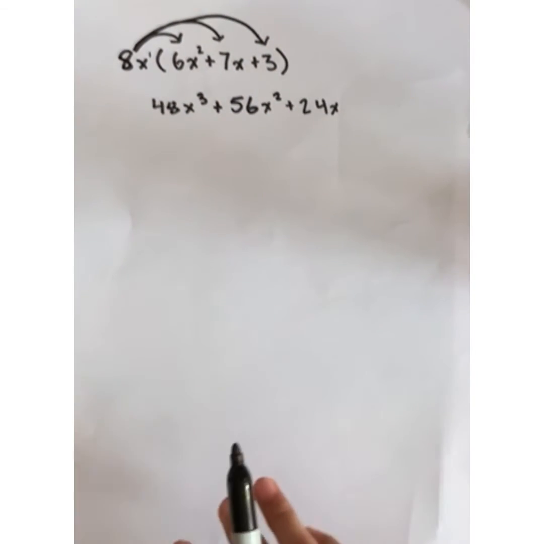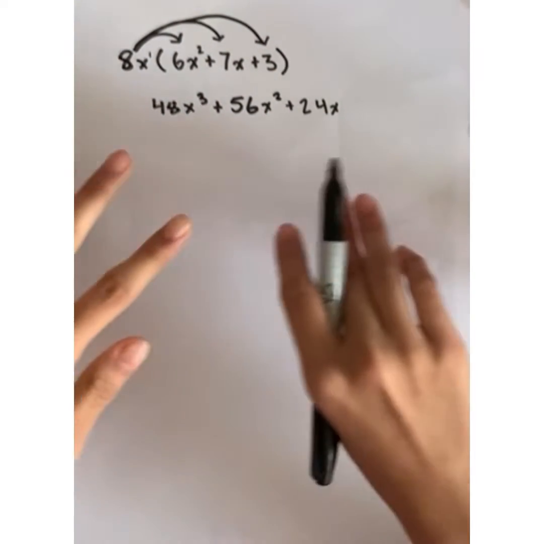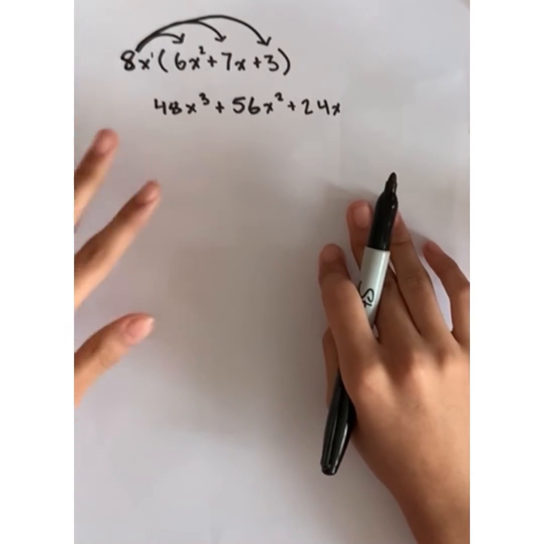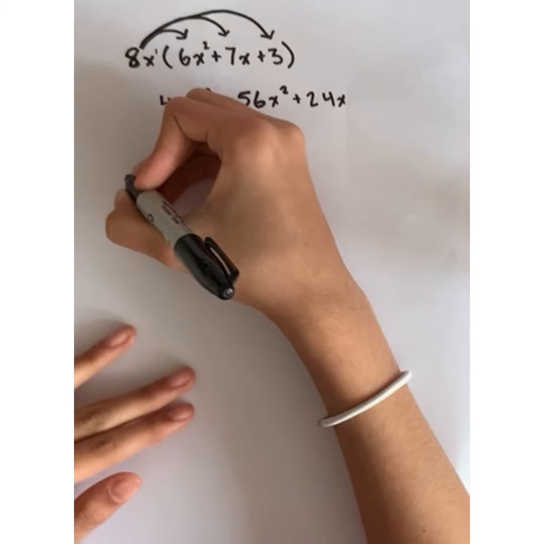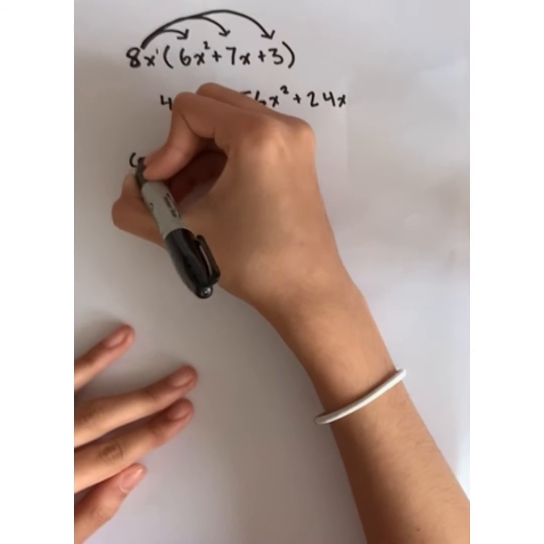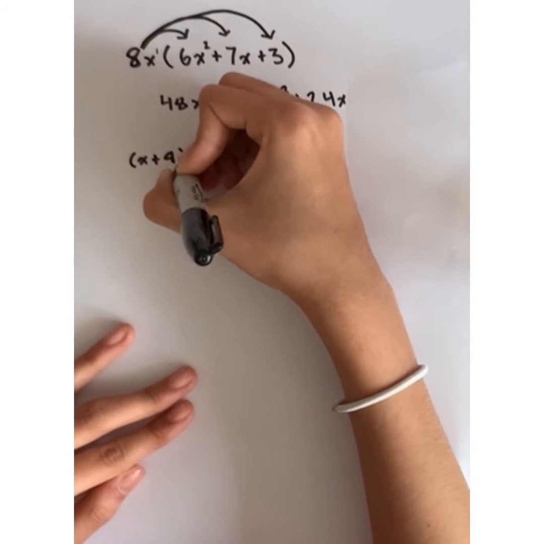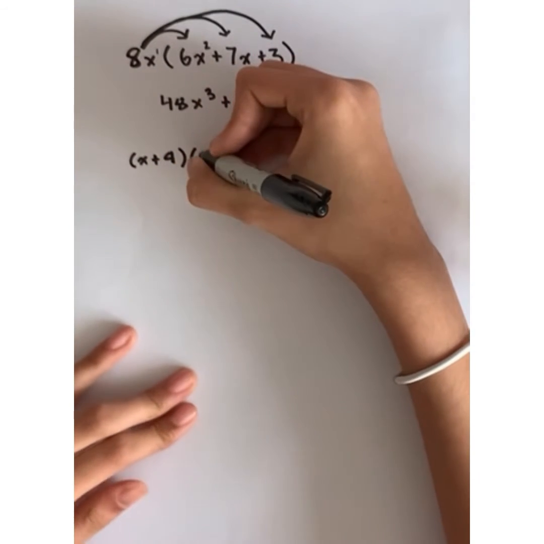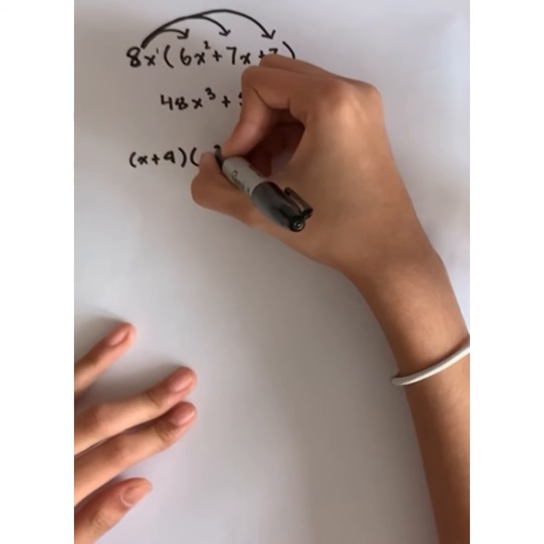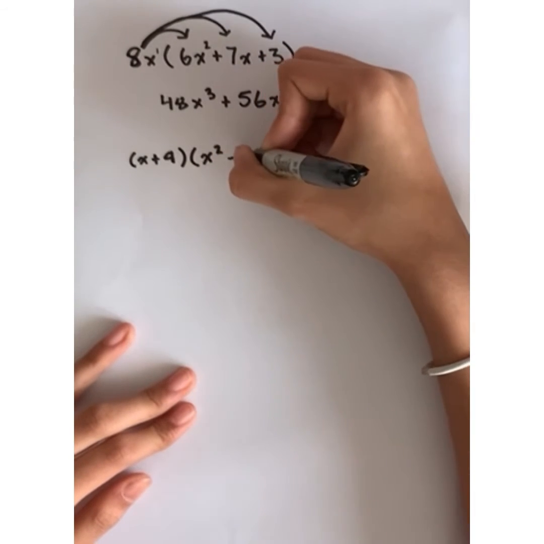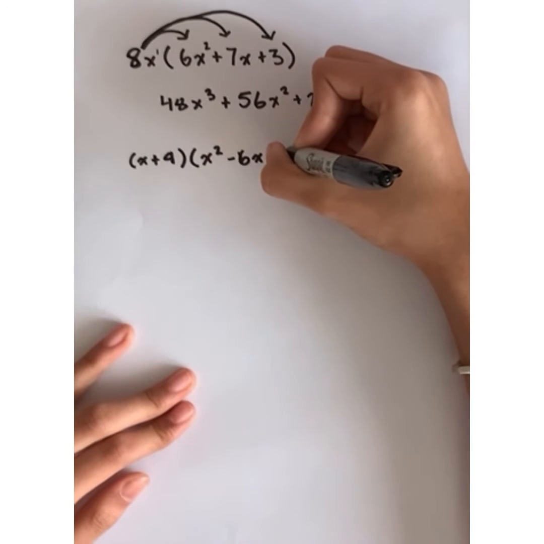So now that we know the basics, I'm just gonna show you binomial times trinomial, because it's kind of the same thing. For example, we have x plus 9, times x squared minus 6x plus 8.